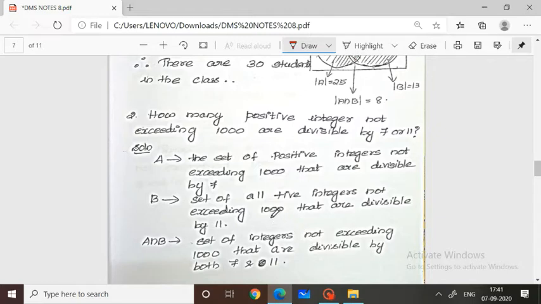In such a situation, let us take the set of positive integers not exceeding 1000 divisible by 7 to be A, and the set of all positive integers not exceeding 1000 divisible by 11 to be B. Now A intersection B is the set of integers not exceeding 1000 that are divisible by both 7 and 11.